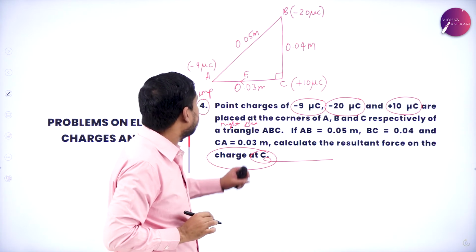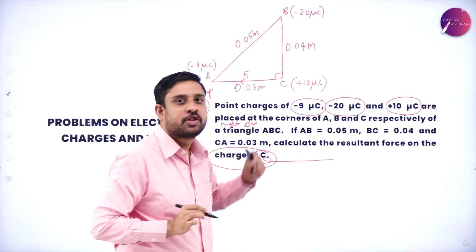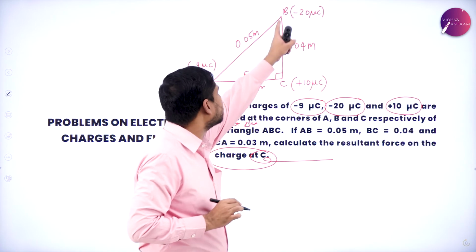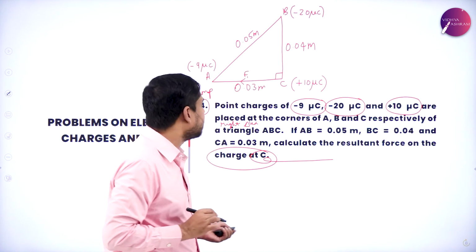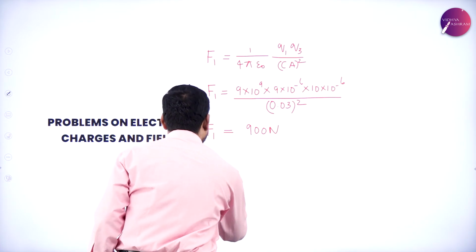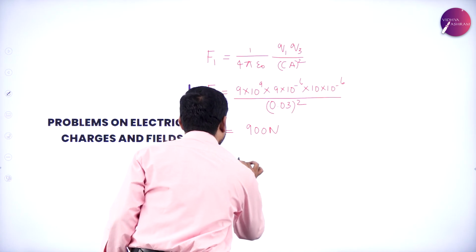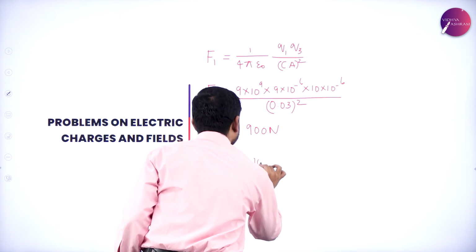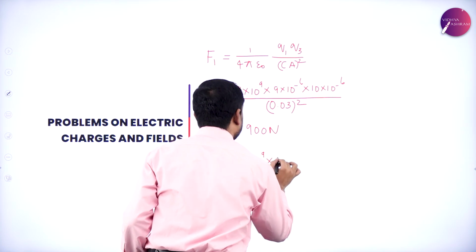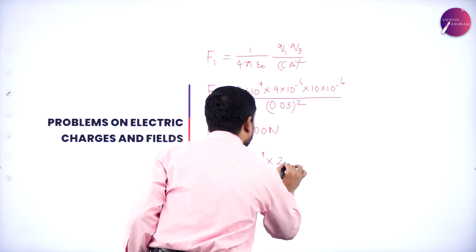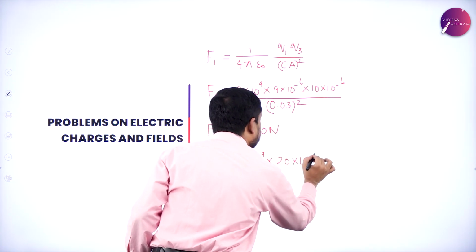Now similarly, force on the charge at C due to the charge at B, F2, same formula. So now Q1 again is 20, no negative sign.